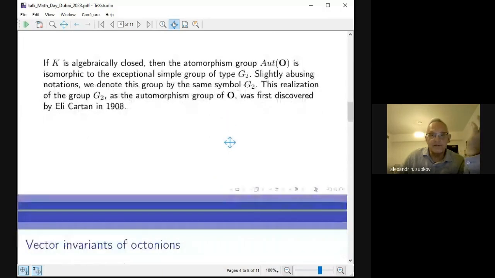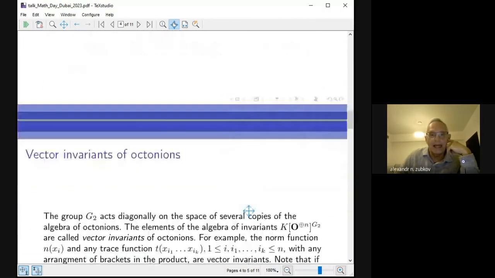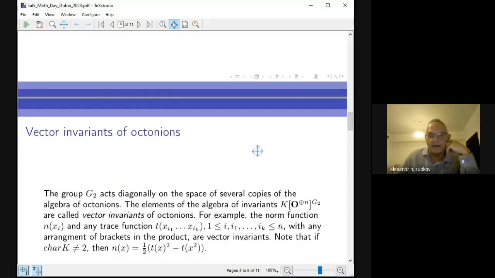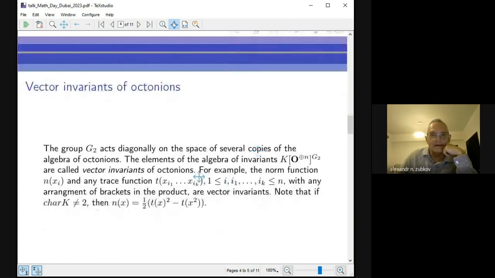Because of this, it would be quite interesting to describe the invariants of the diagonal action of the group G2 on several copies of the algebra of octonions. It exactly corresponds to the case of vector invariants of the general linear group.